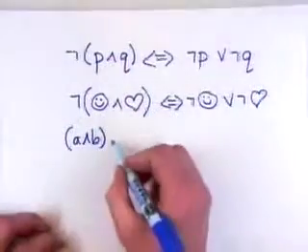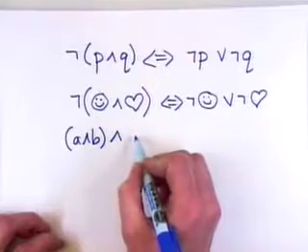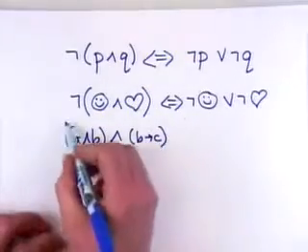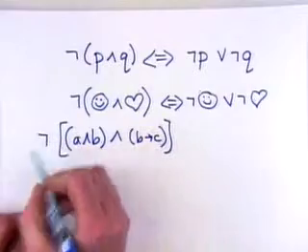So instead of P, I might have something more complicated like A and B ANDed with B implies C maybe. And then I might negate that whole thing.